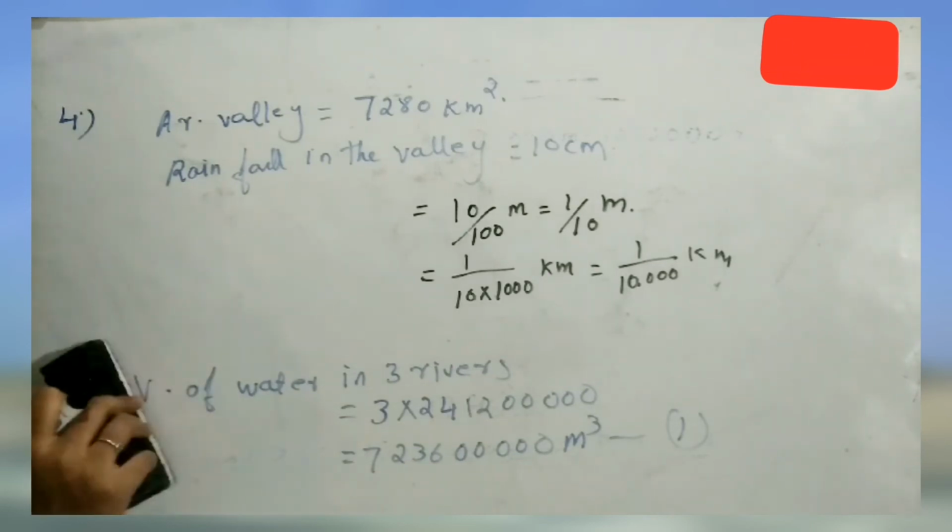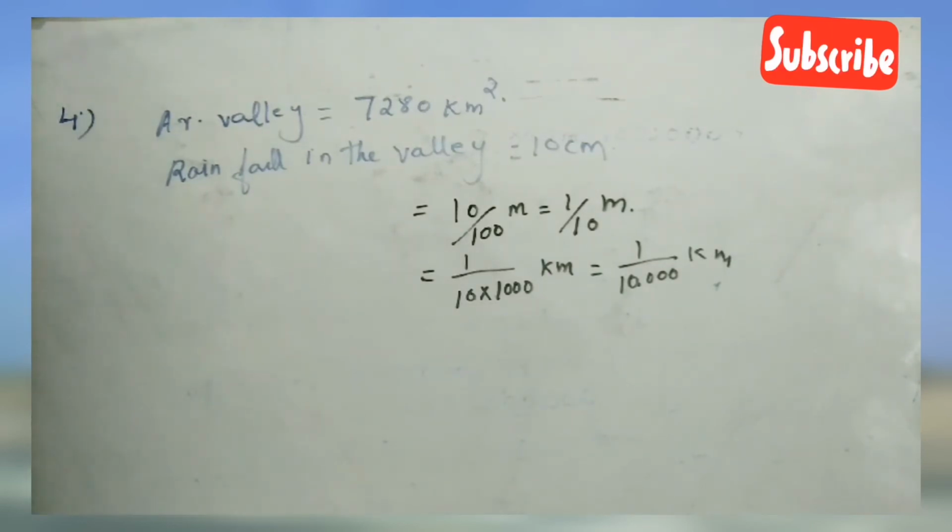Actually, this rainfall in the valley is our height. Now, what is the relation between area and volume? Volume is equal to area into height.